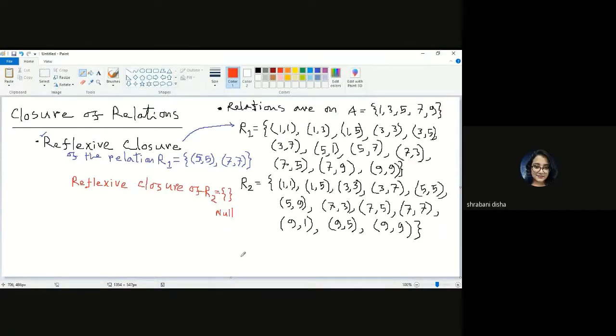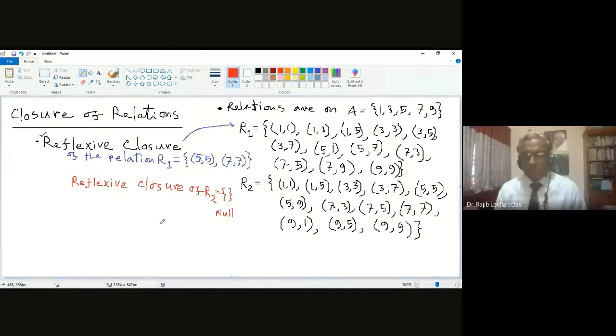Yes, sir. Okay, so the relations are made using A into A. Yes, in this case, relations are on the set A, and the set A is 1, 3, 5, 7, 9. And what is the criteria?